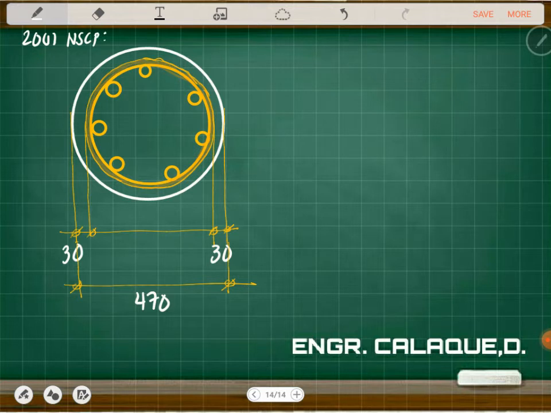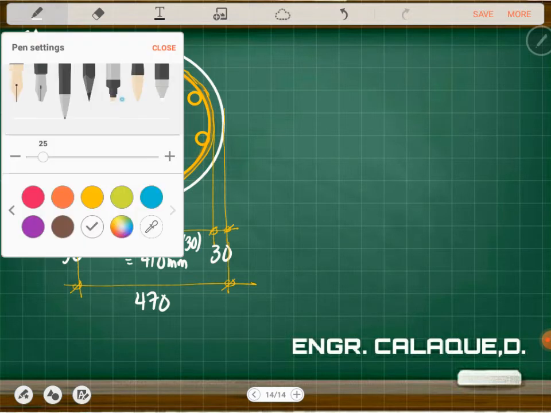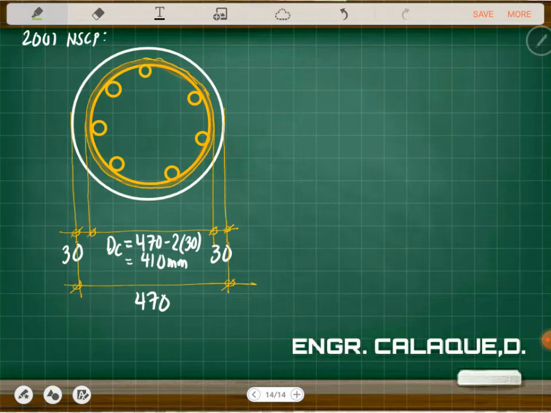Okay, so ngayon makuha natin yung core diameter niya na 470 minus twice no 30, and that is just equal to 410 millimeter. Okay, so ibig sabihin masosolve na natin yung area ng concrete core, no? So lagyan ko na lang to. So makukomplete na natin to, yung area ng concrete core. Okay, which is ito yan, yung shaded na yan.